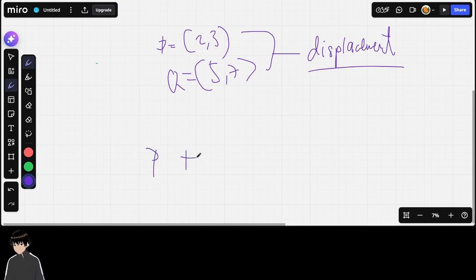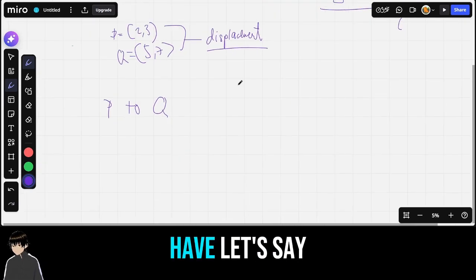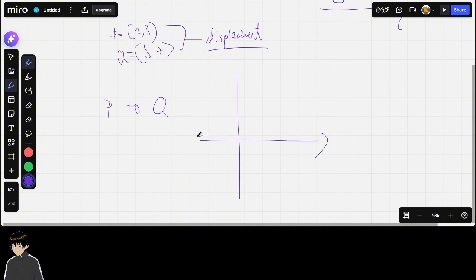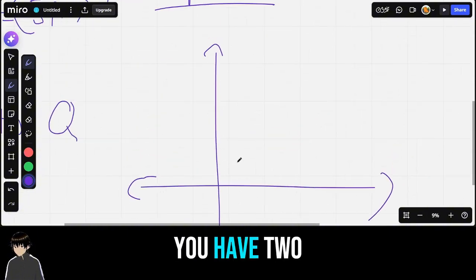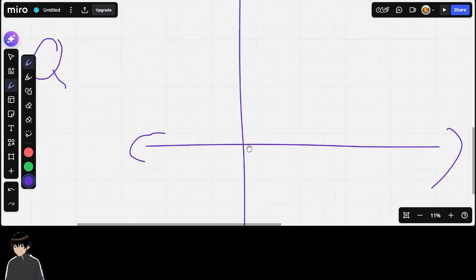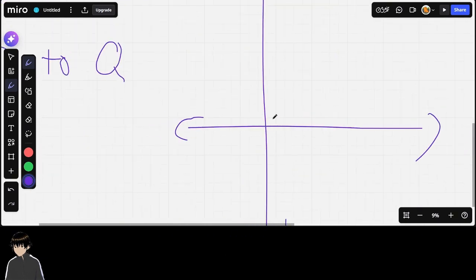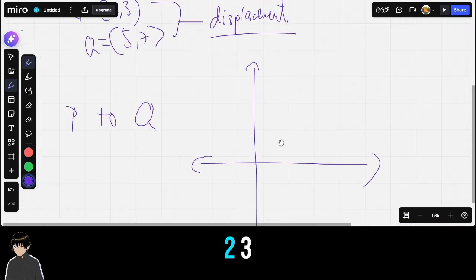Let's say you have 2 points. P, which is 2, 3.